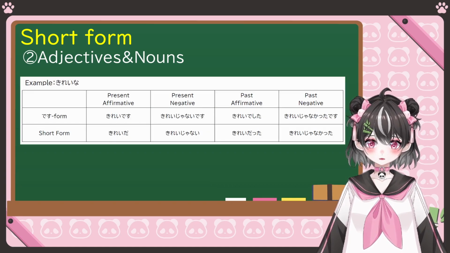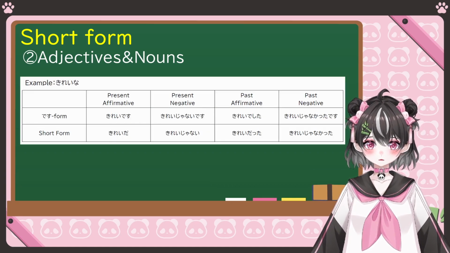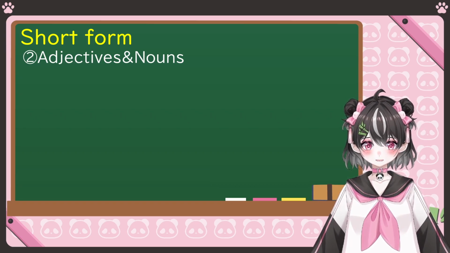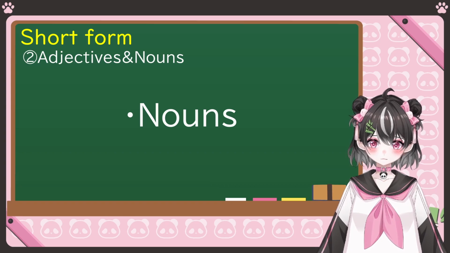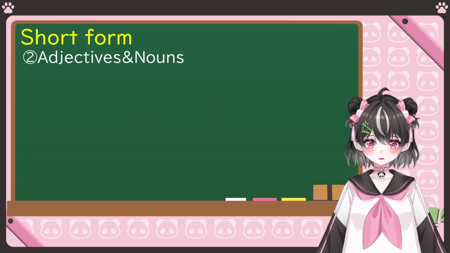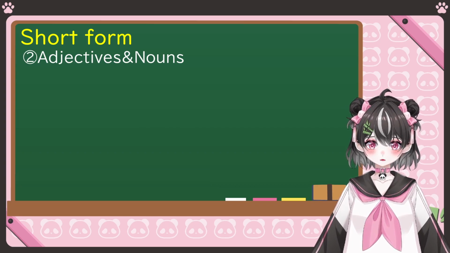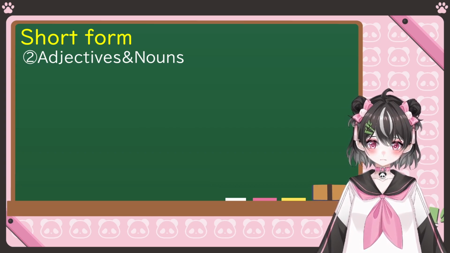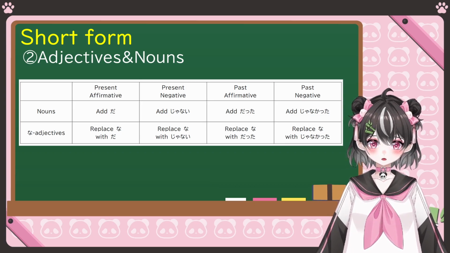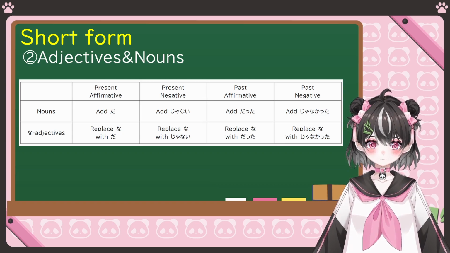But actually, the short form of na adjectives is almost the same as this form. And finally, let's look at nouns. As I mentioned in a previous video, noun sentences follow a conjugation pattern similar to na adjectives. Let's take a look at the conjugation table first. You can see that they are very similar.